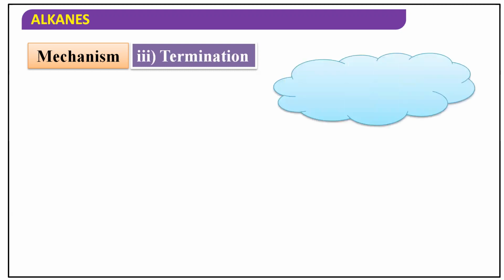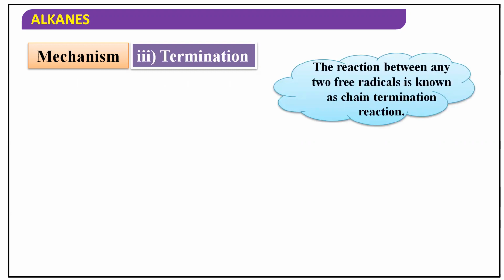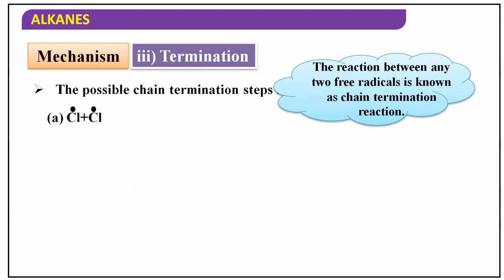And finally, termination: all possible free radical combinations will be there. The reaction between any two free radicals is known as a chain termination reaction. It means the free radical, which is an intermediate, will be consumed fully, right? Cl2, all possible, remember.